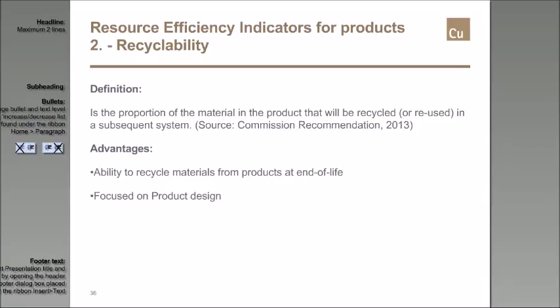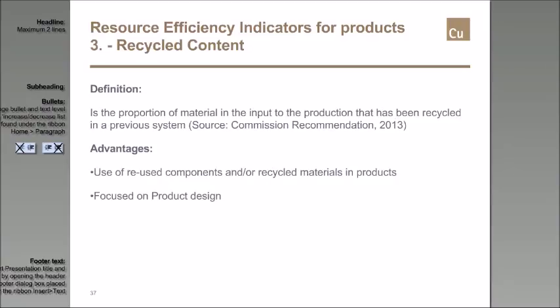The second indicator that we will advise to assess resource efficiency in products is recyclability. So it's that amount of material that indeed could be recycled in the future because of the conditions of this material, because of the technicalities of this material, or because of how this good is designed. And the advantages of this indicator is that it's focused on clear product design.